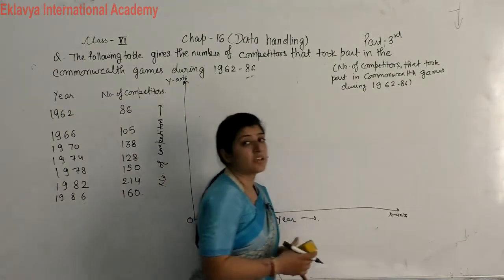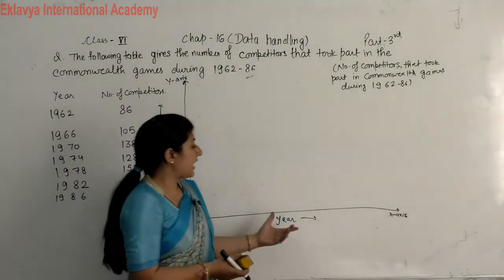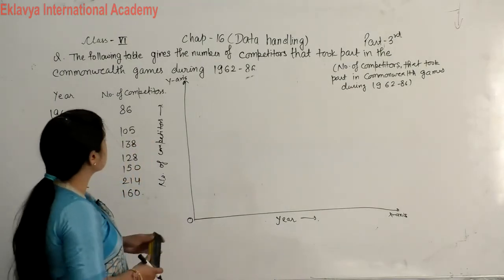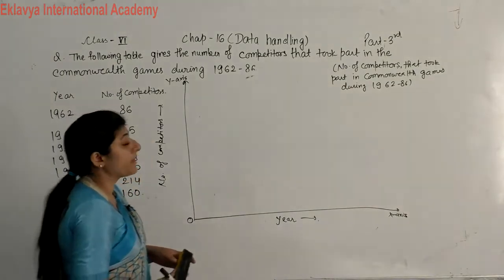This is the title of the bar graph, and on the x-axis we are representing the year, and on the y-axis the number of competitors.